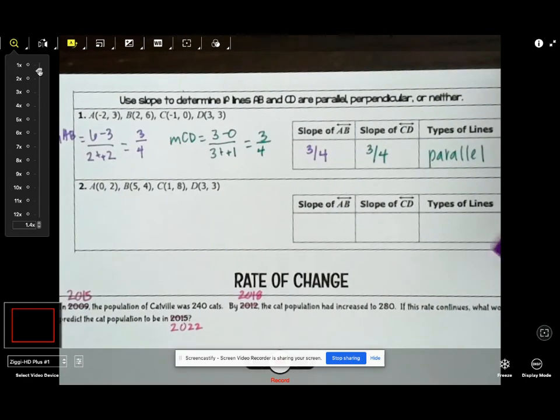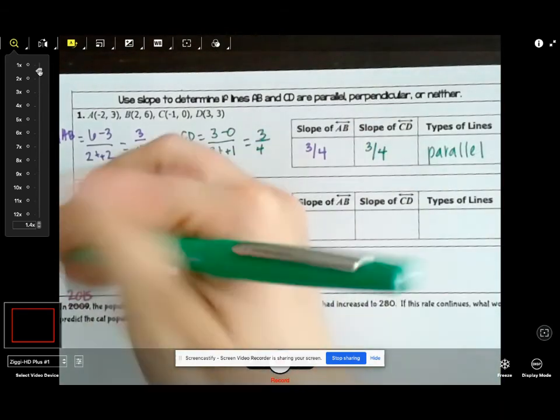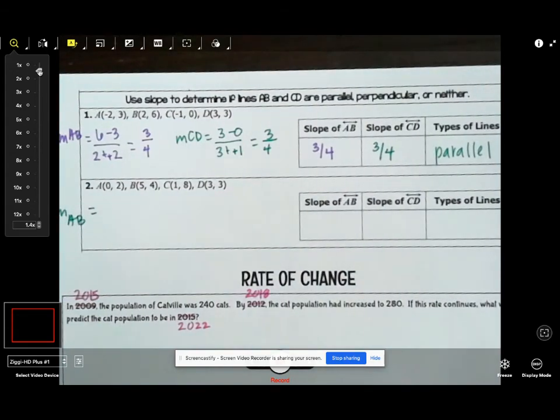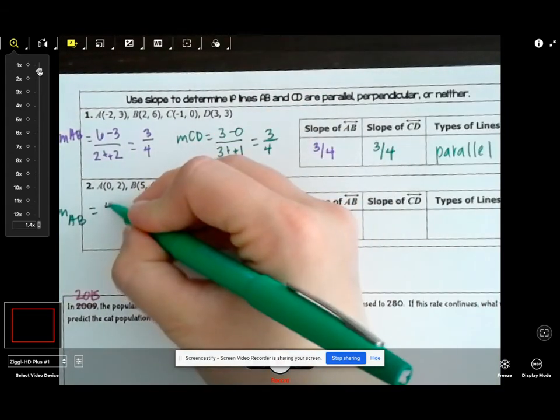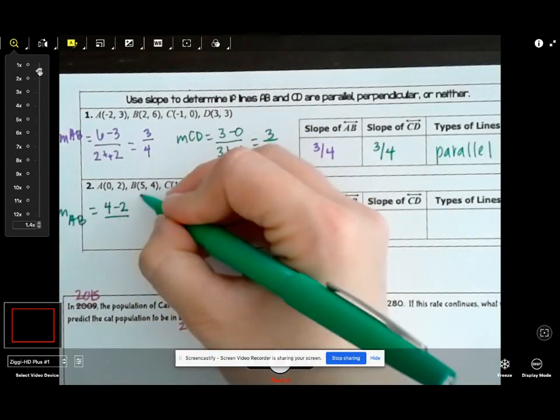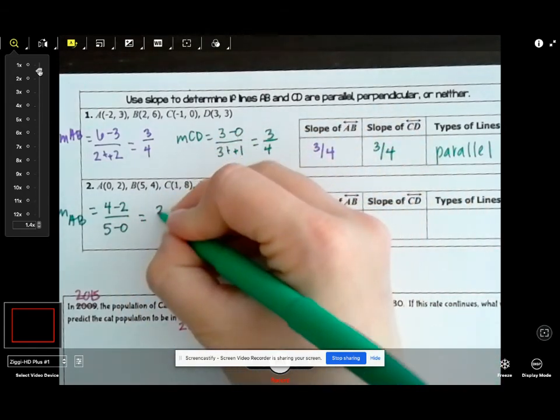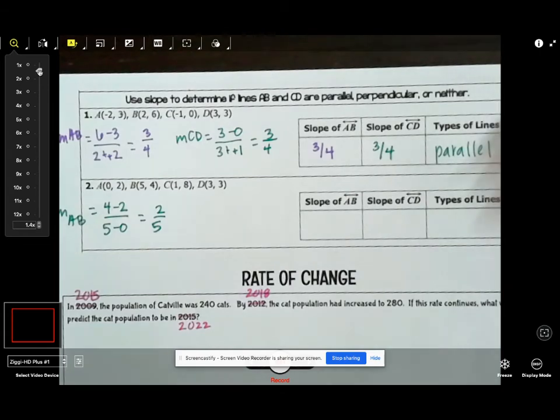Okay, let's try the next one here. Slope of AB. We're going to have 4 minus 2 over 5 minus 0. 2 over 5.